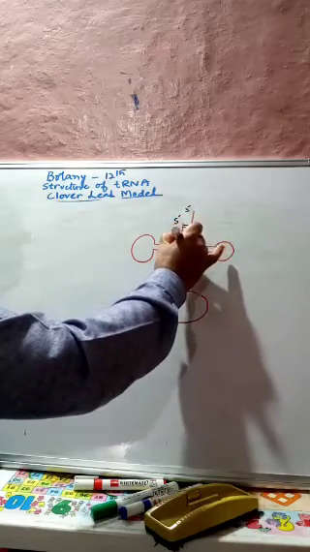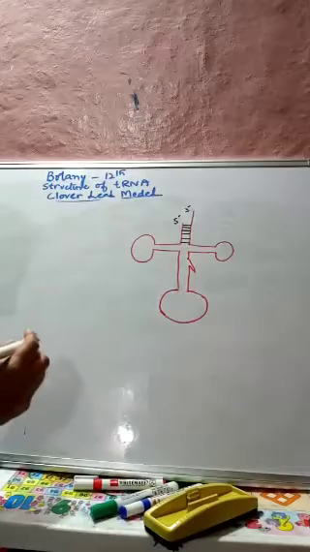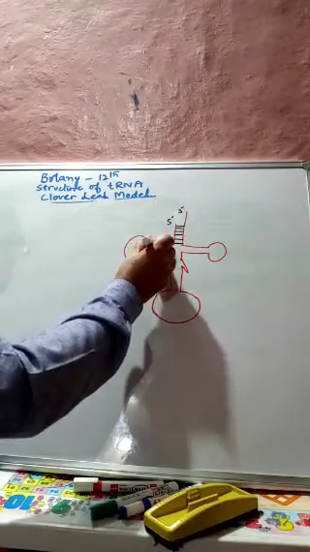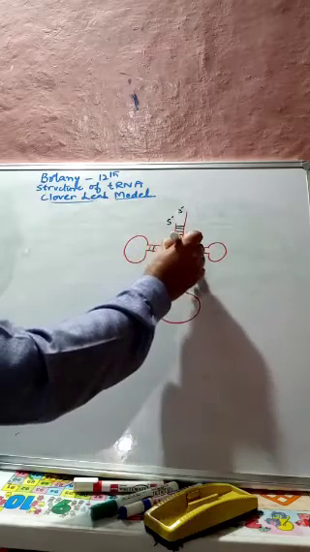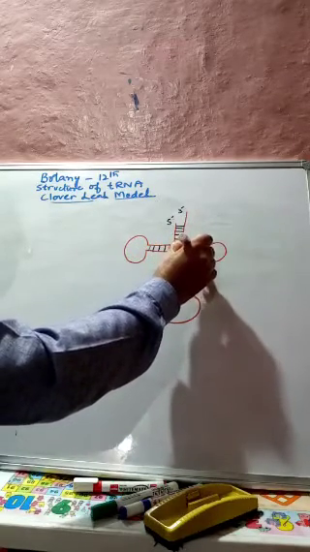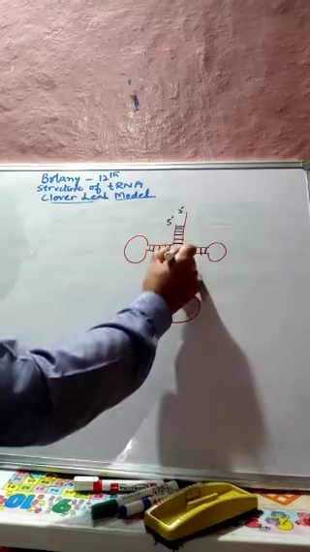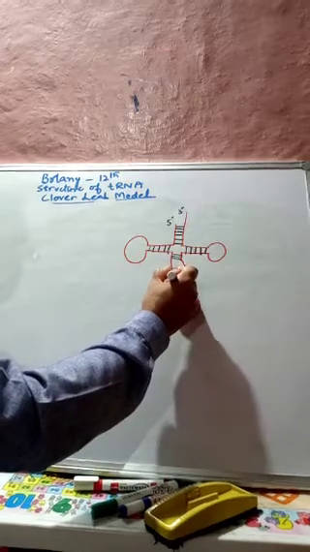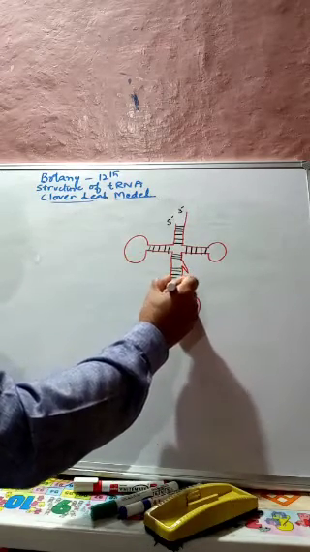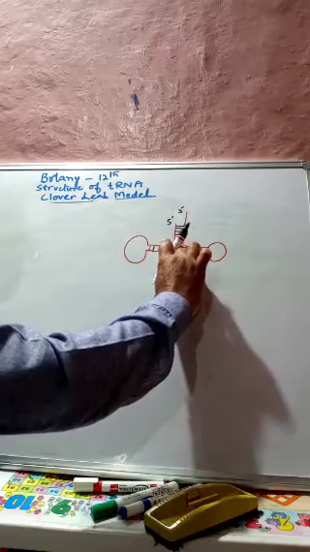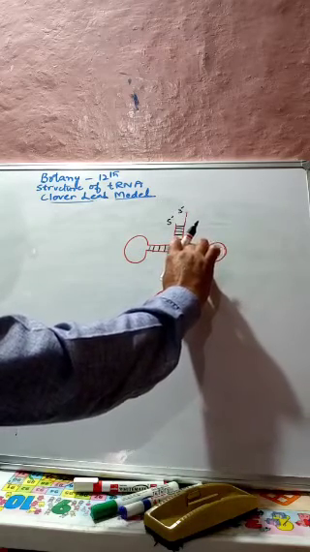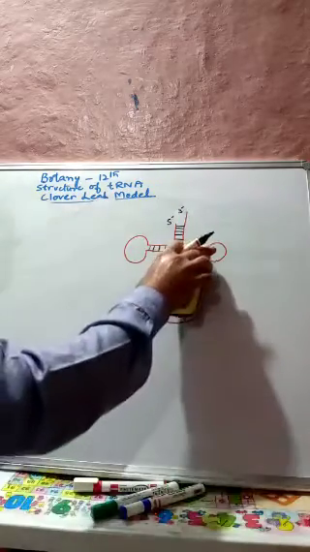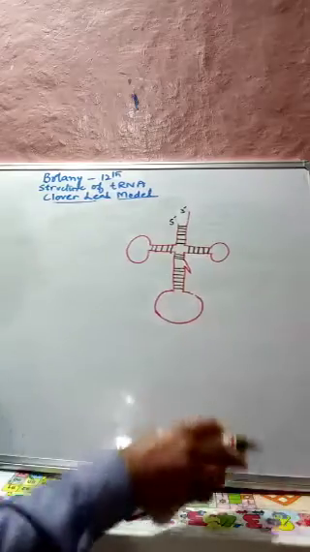Again, these are the nitrogen bases, these darker lines.